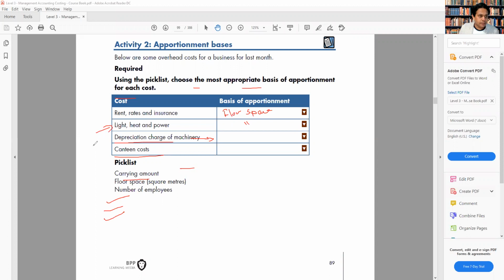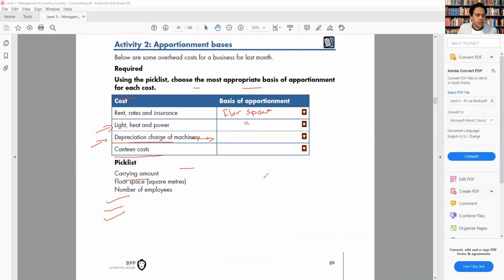Very well done, D. So the next question we have is depreciation charge of machinery. What do we think is the most suitable basis of apportionment for the depreciation? Yes, very good. Very well done, Annie.